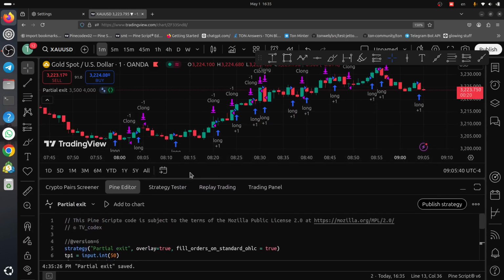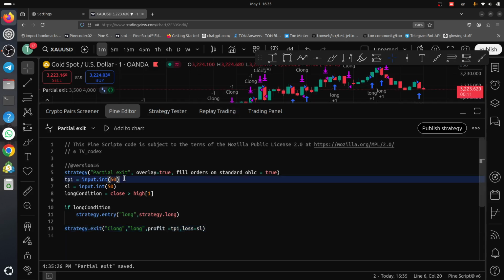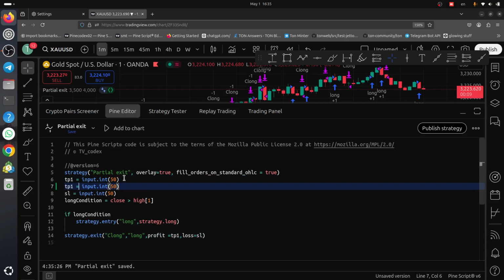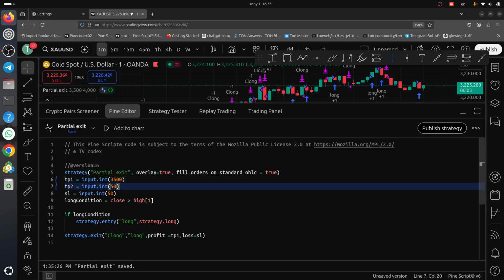Yeah, so we want to have several exits, not just one. So for example, we have a TP2 also. For example, this is on this and this is on 5000.